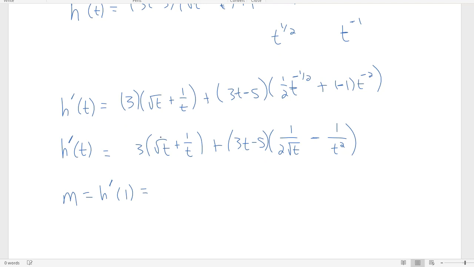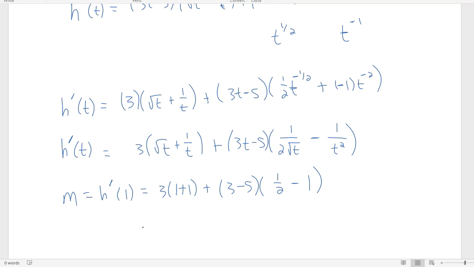When I do that, I get the square root of 1, which is 1, plus 1 over 1, which is 1. So I'm getting 3 times 2, basically. Then 3 times 1 is 3. When I plug 1 in here, I get 1/2, and when I plug 1 in here, I just get 1.